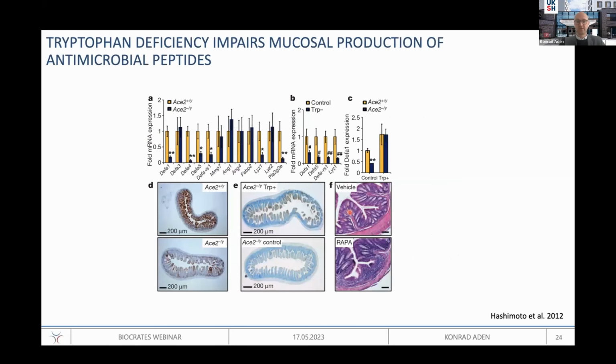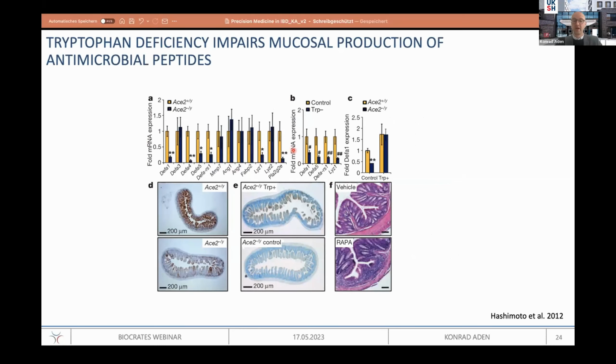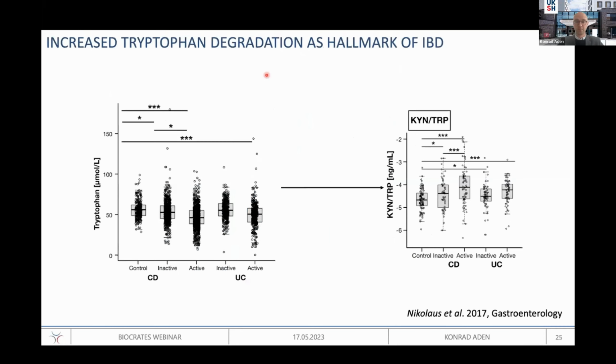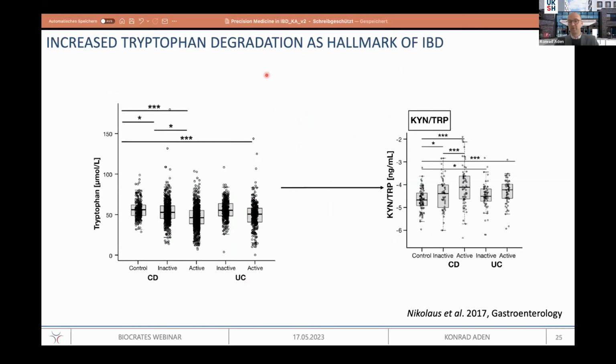And what has been shown is that this leads to a decreased expression of B0AT1, a decreased bioavailability of tryptophan, and that this tryptophan deficiency directly impairs the mucosal production of antimicrobial peptide. These were preliminary findings that prompted us to study tryptophan metabolism in more detail in inflammatory bowel disease.